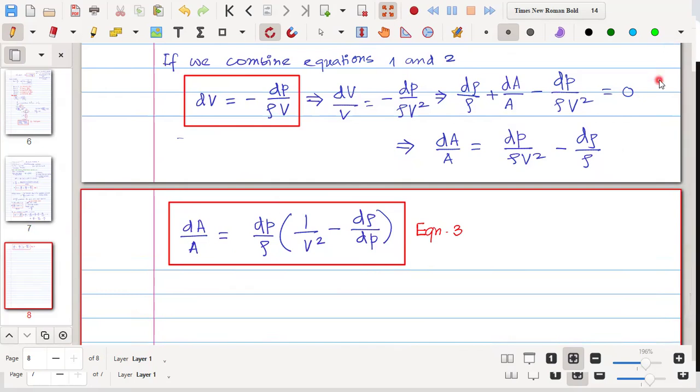Okay. Next, what we have seen, it is isentropic flow. One thing we have already considered, that this is isentropic flow.